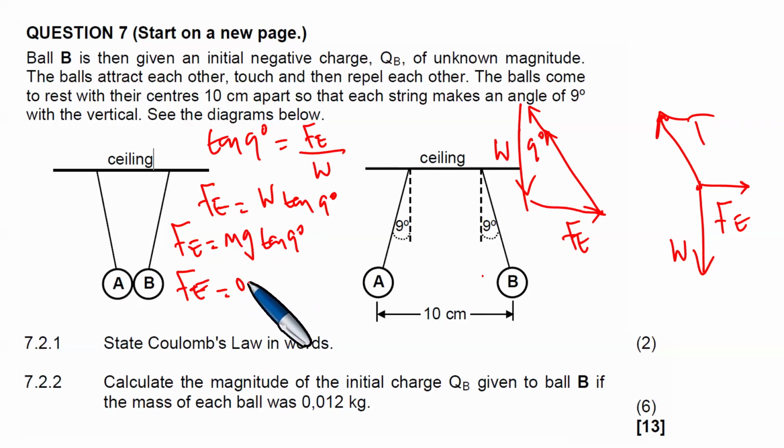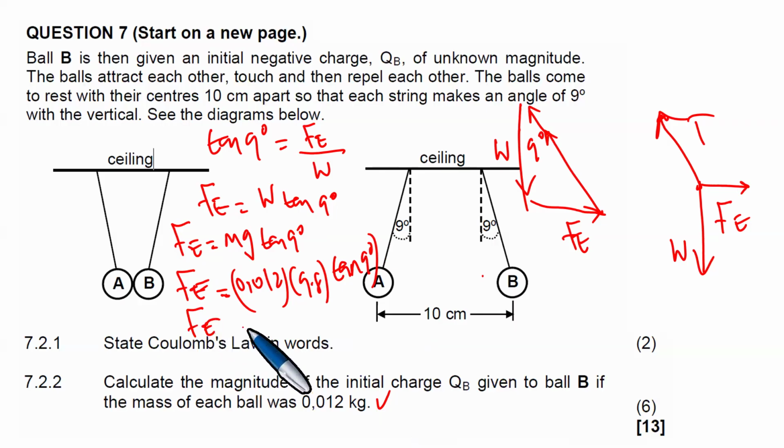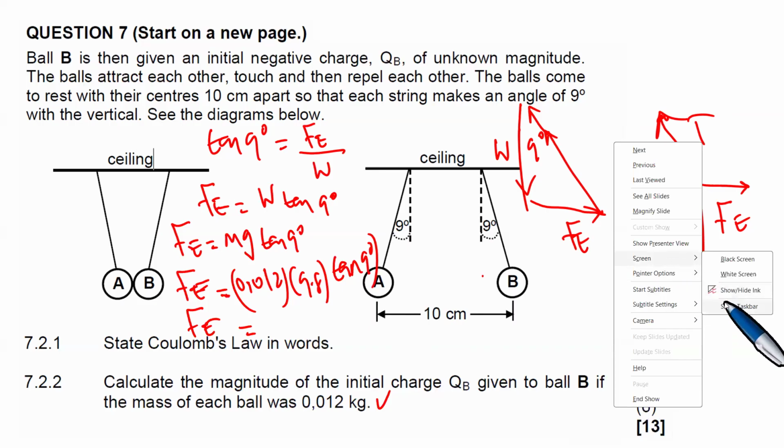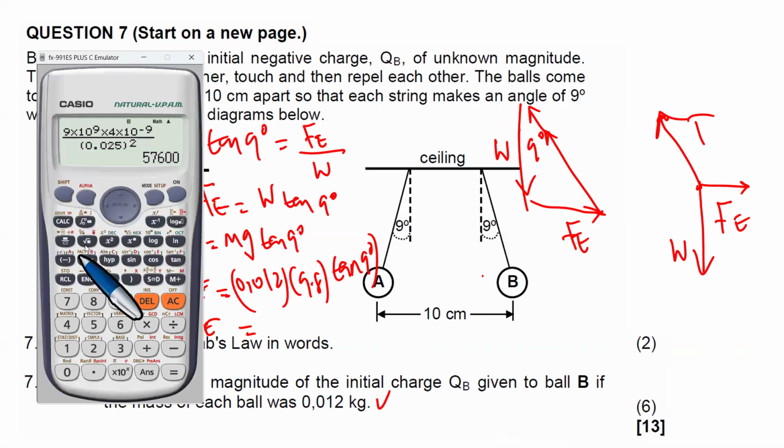The mass is 0.012 times 9.8 times the tangent of 9 degrees.